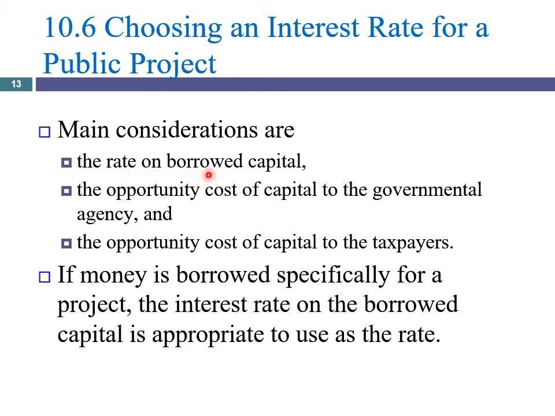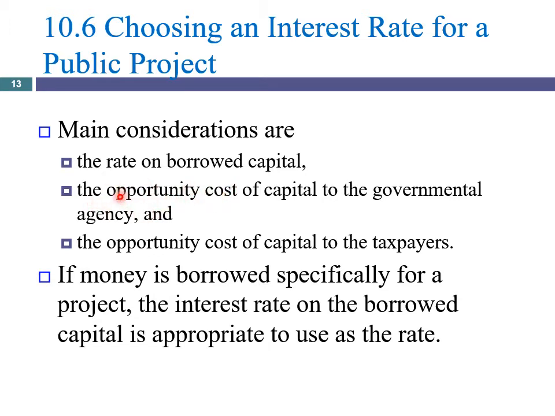Another thing that you can use as the interest rate is to consider the opportunity cost of this capital to the governmental agency. Assume the governmental agency is considering performing this project, and there is an opportunity cost related to this project. If you don't do this project, what is the next best alternative?